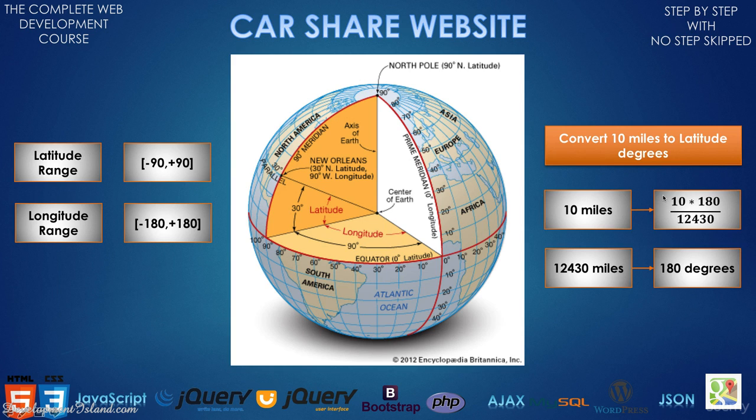All right, now let's move to the longitude. It's going to be a little bit more complicated. If you travel 10 miles to the west or 10 miles to the east, what would you get for the longitude degrees, or what is the range of the longitude degrees?